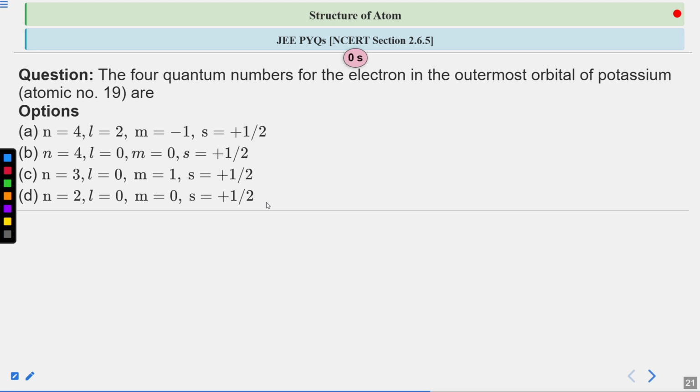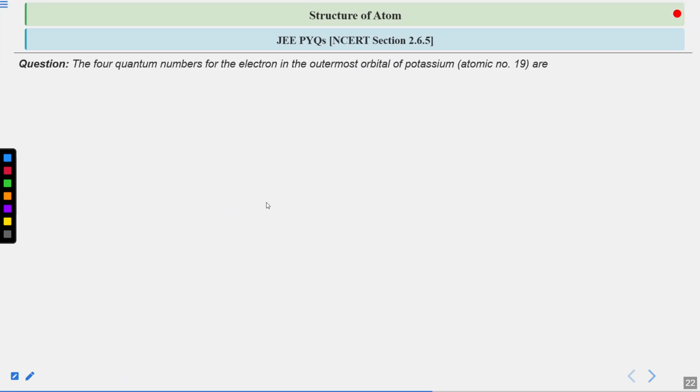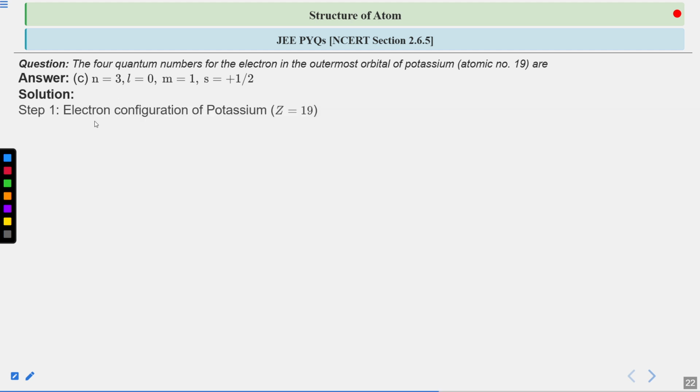Okay, let's see. So for the given question, the correct answer is option C, that n equals 3, l equals 0, m equals 1, and s equals plus half. Again, let's calculate this stepwise. First of all, you have to know the electronic configuration of potassium.